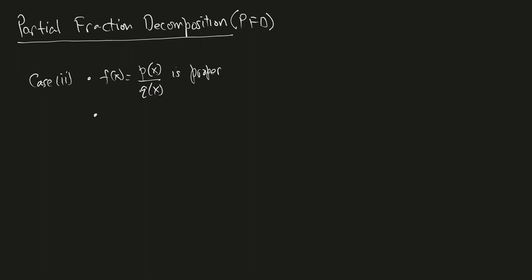And now we're going to say that q of x could possibly have repeated linear factors. So things like perfect squares, perfect cubes, and so forth, right? And just to give you a sense of what we mean by this, let's say you have 2x plus 1 cubed, and I ask the question, what are all the factors of 2x plus 1 cubed?